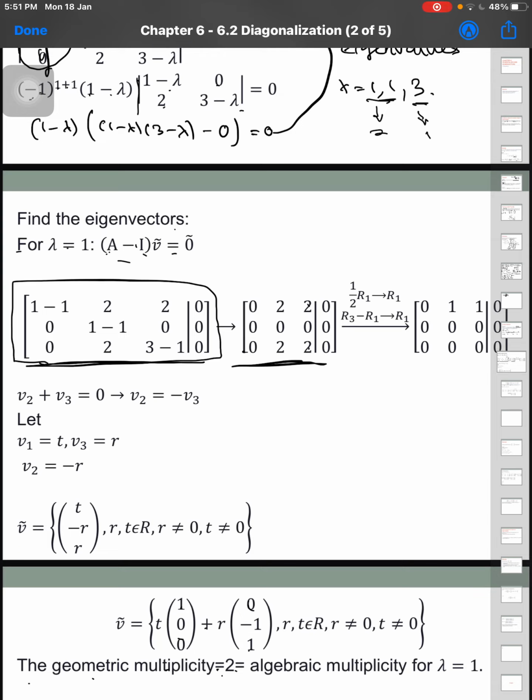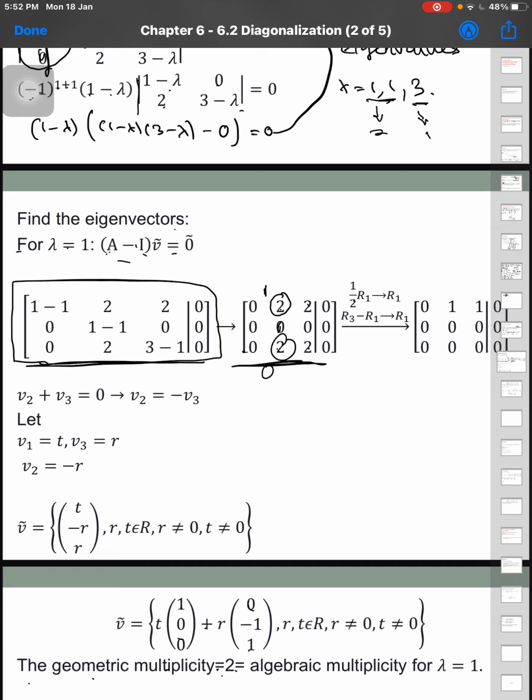Next we need to convert into row echelon form. First we need to make this one become leading 1 by multiplying with 1 over 2. And since here is leading 1, the below of the leading 1 must be 0. So here 0 and here must be 0. Saya buat serentak sebab saya nampak 2 tolak 2 boleh jadi kosong.